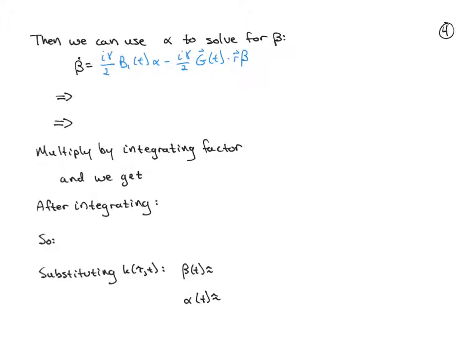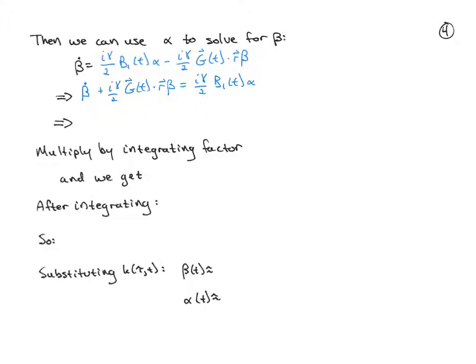And we can pull the terms containing beta over to the left-hand side, and we get beta dot, where the dot denotes the time derivative, plus i gamma over 2 times g vec of t dot r vec times beta. That will be equal to i times gamma over 2 times b1 of t times alpha.